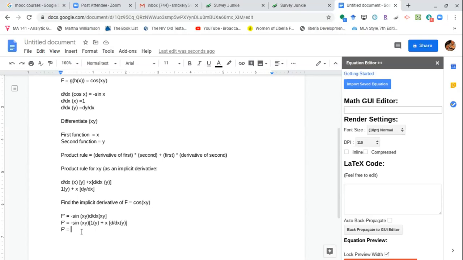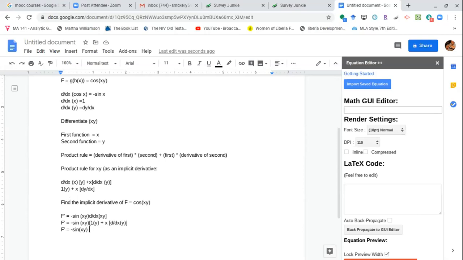So this is going to be negative sine of xy times y. So this term, my product rule is this part, 1 times y plus dy dx of x, right? So this is your issue.